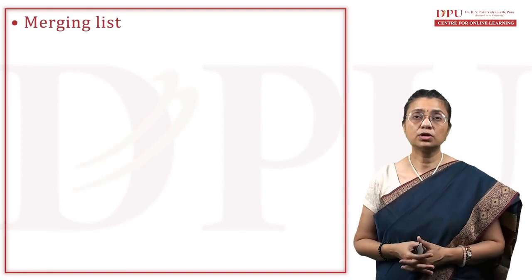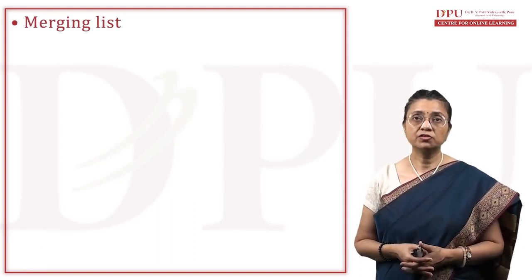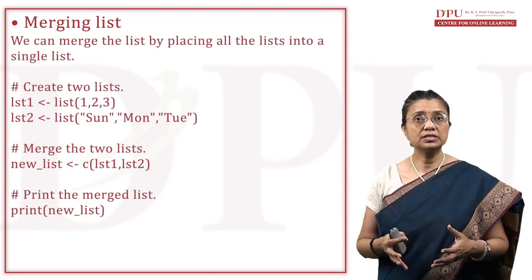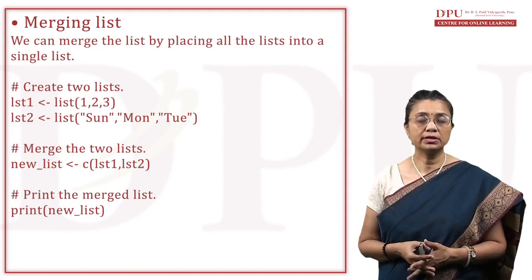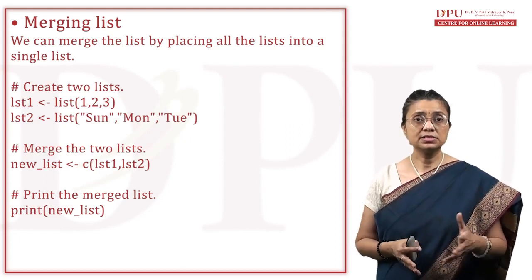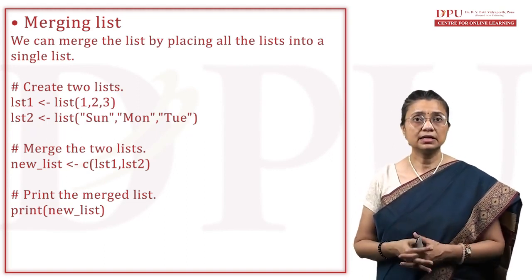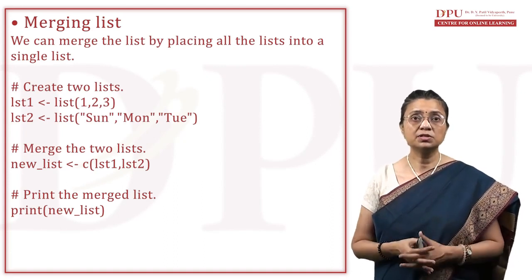Now, we will see what is merging of data. Merging of data is very important, and it is needed many times. We can merge the list by placing all the lists into a single list. How do we go about it? Let's create two lists. First is list 1, which is having the values 1, 2, 3. Second is list 2, which is having the values Sunday, Monday, and Tuesday. Now we are merging the two lists.